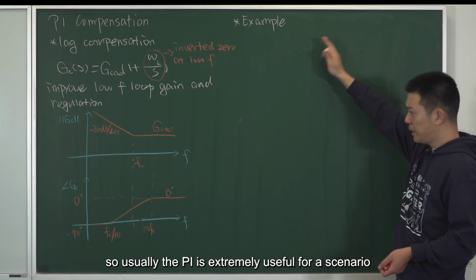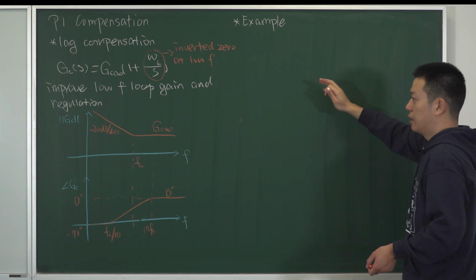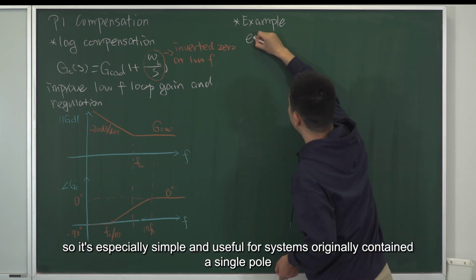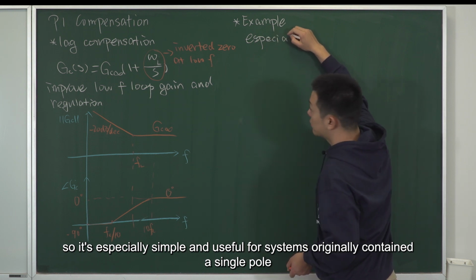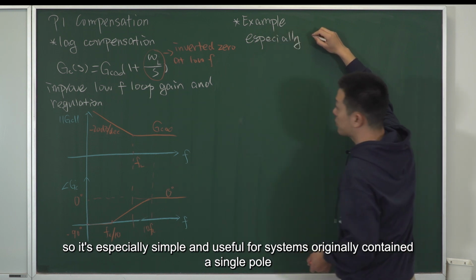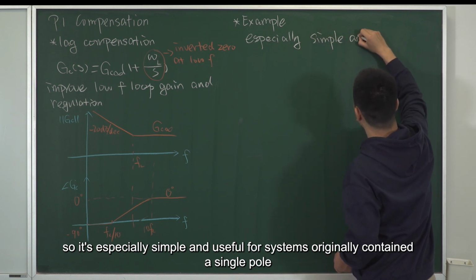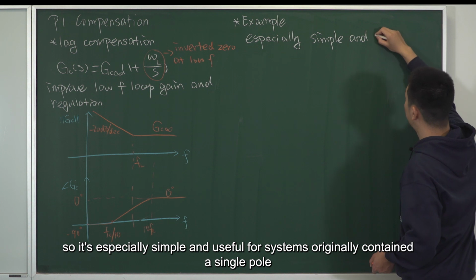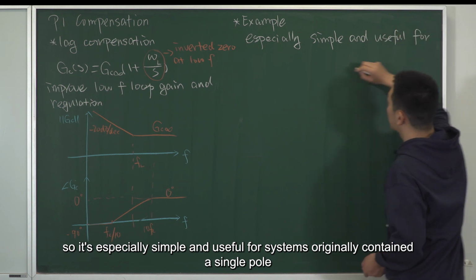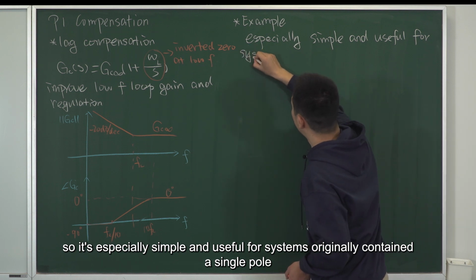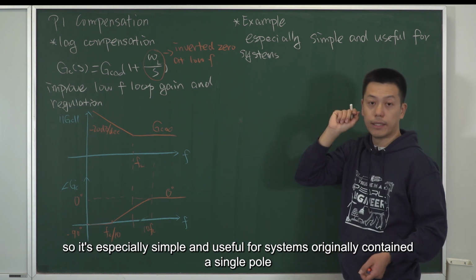Usually the PI is extremely useful and simple for systems that originally contain a single pole.